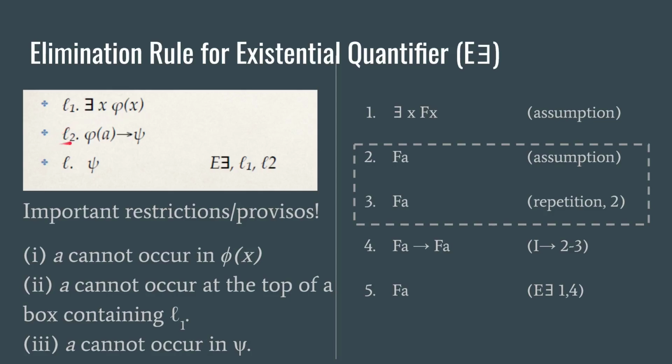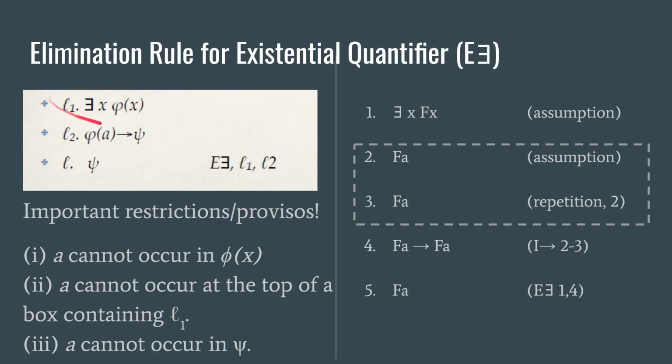The second ingredient is a statement of this form: phi with x replaced by a implies some other formula psi. If you have both of those, you are then able to write psi all by itself on another line. It's kind of like the elimination of the arrow statement, but a little bit different as well.